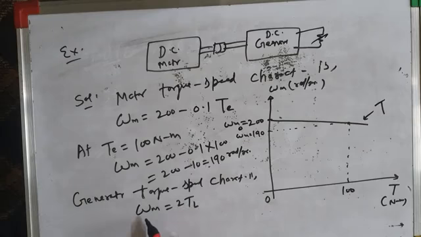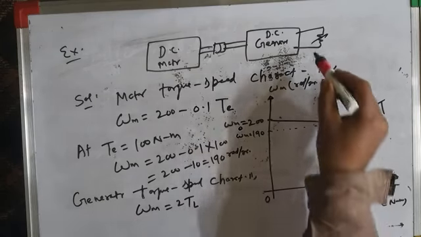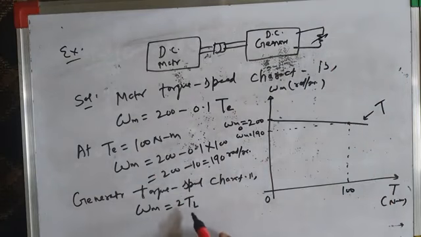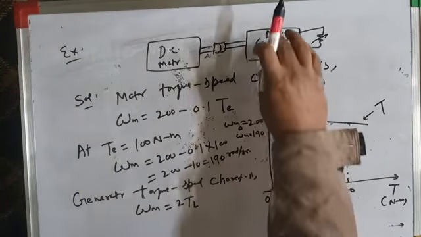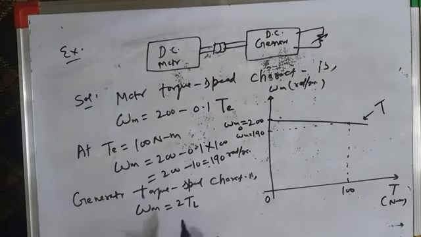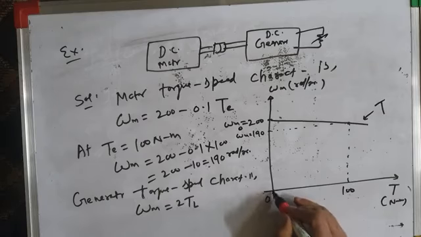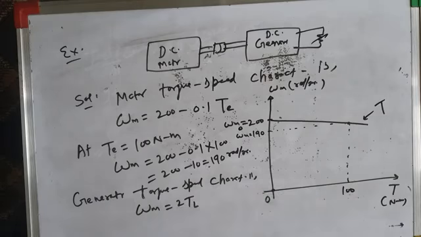That means when there is no electrical load, the load torque is 0, because the generator is not drawing any power from the source. In other words, when the generator is running at 0 speed, it develops 0 torque, because at TL equal to 0, omega m is equal to 0. And as TL increases, omega m increases 2 times TL.